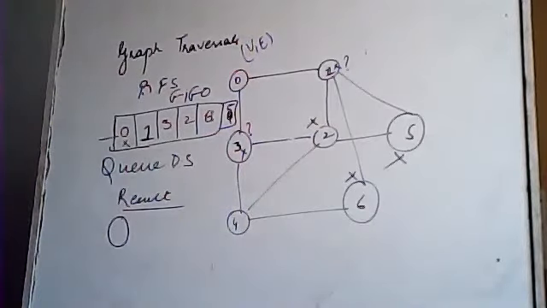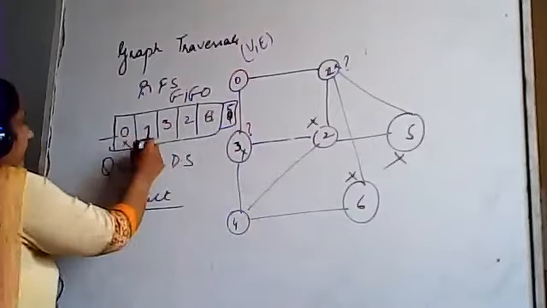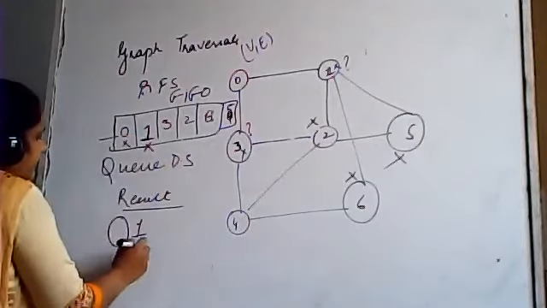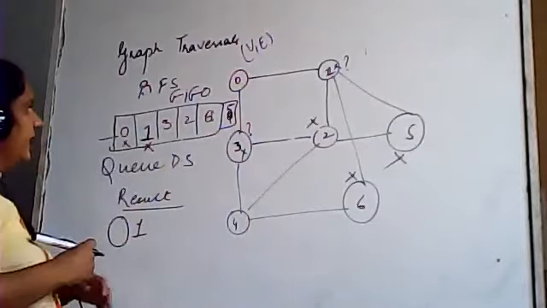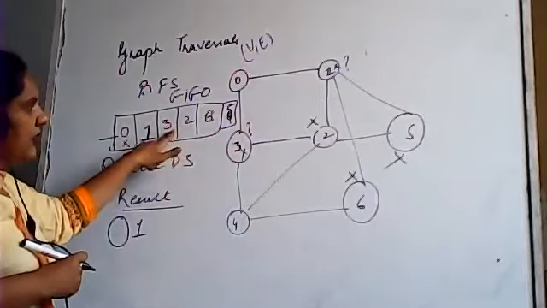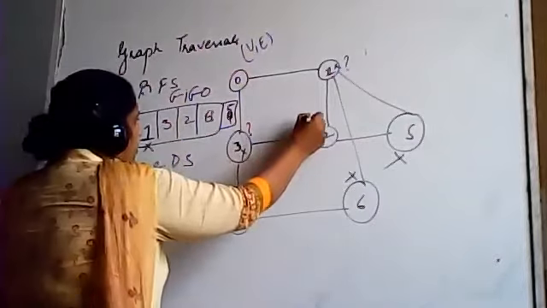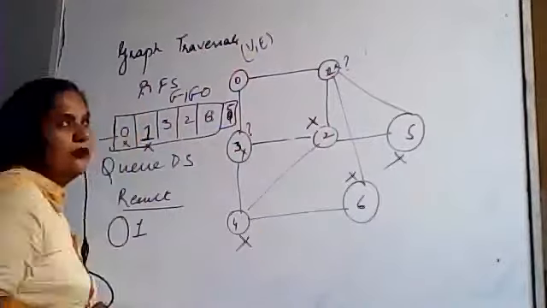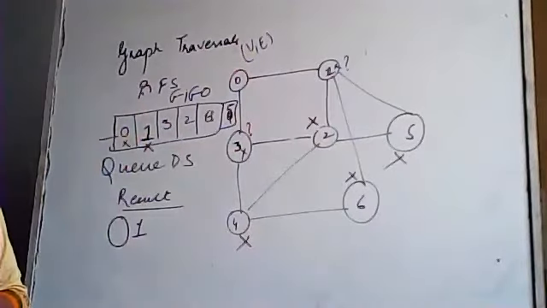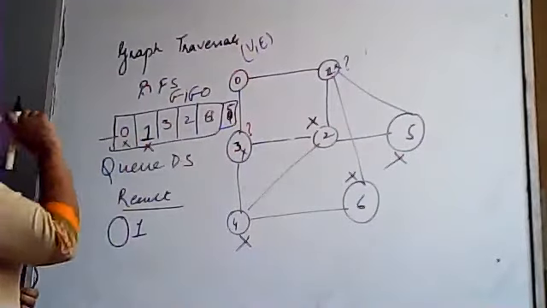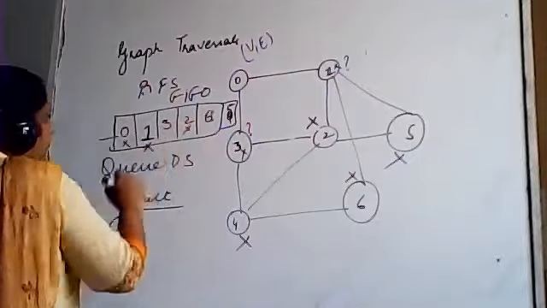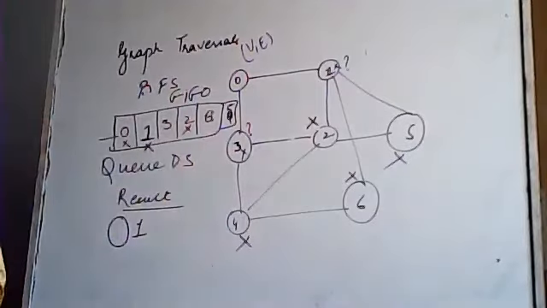So now 1 is processed, remove 1. Now it's the turn of 3. What are 3's directly connected vertices? 2 and 4. Now you see, 2 is already there in the list. That means you have already visited vertex number 2.